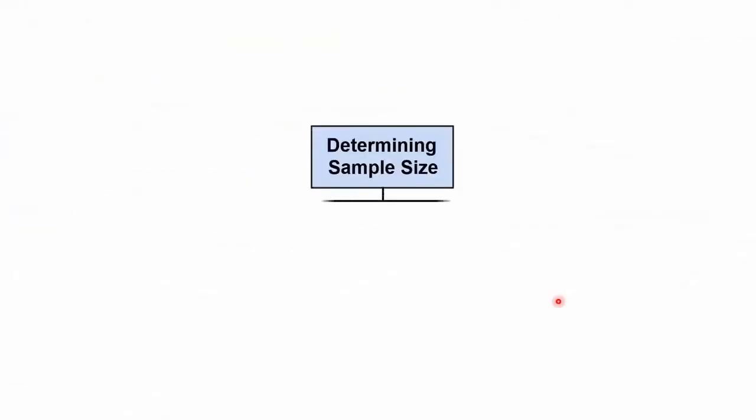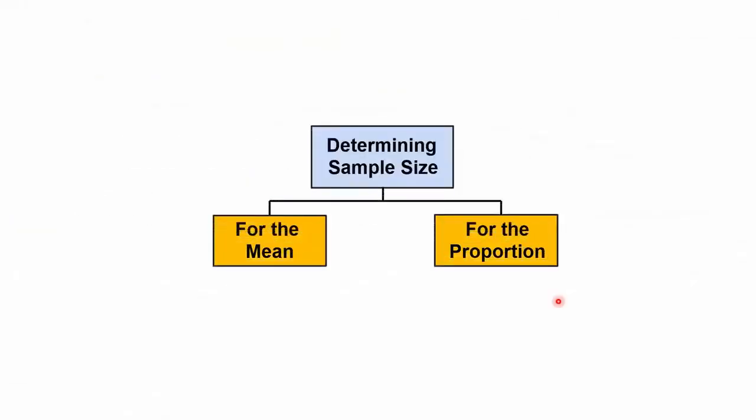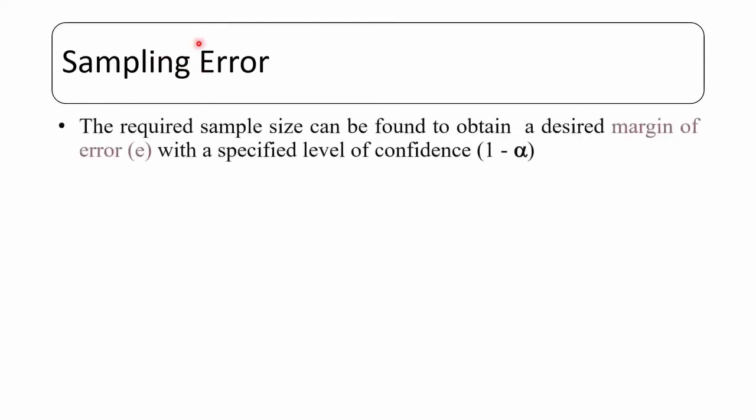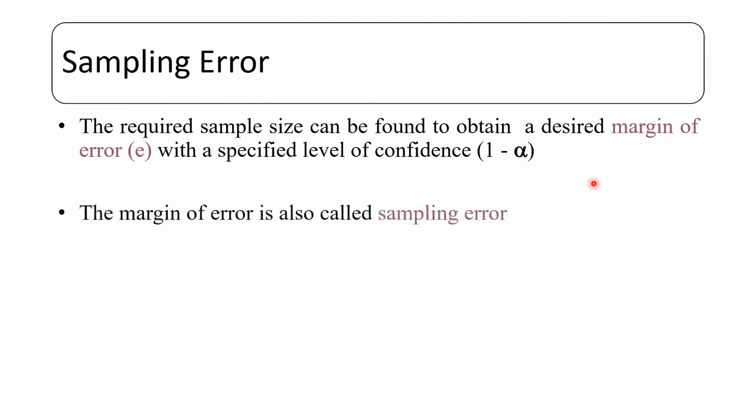Right, so in this section, we'll be having a look at two areas, determining the sample size for mean and for proportion. But before that, let's have a look at this concept known as sampling errors. So the required sample size can be found to obtain a desired margin of error with a specified level of confidence.